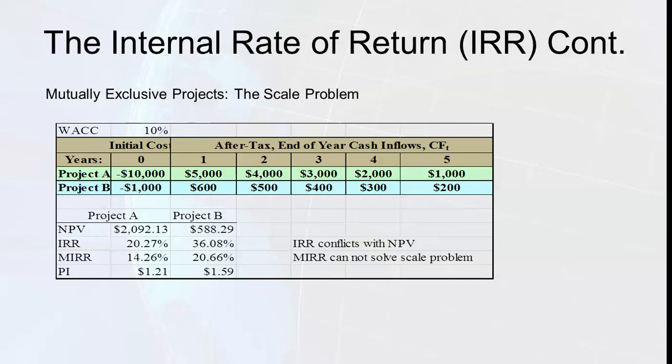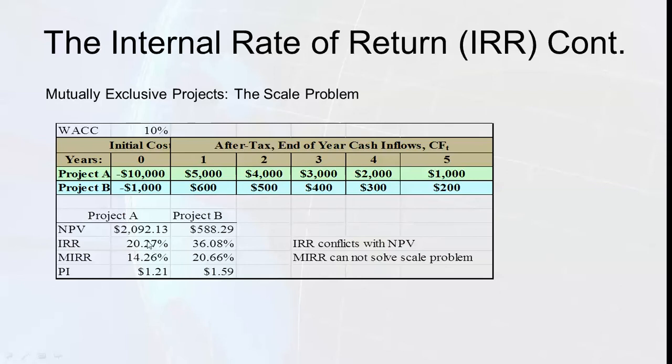Let's take a look at this example. We have two projects, project A and B, and if the cost of capital is 10%, let's find out NPV and IRR for these projects.